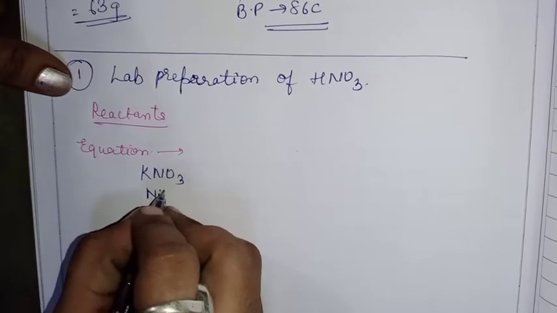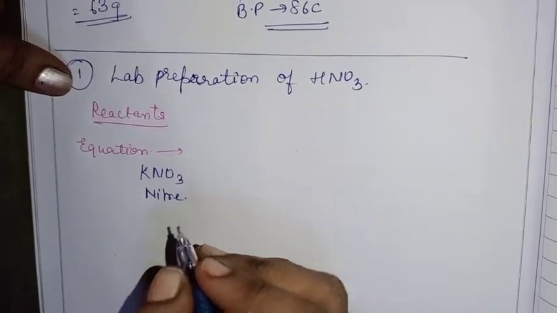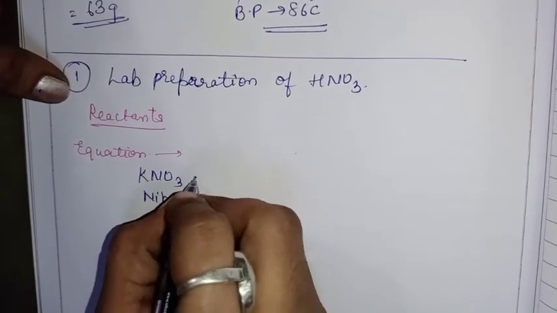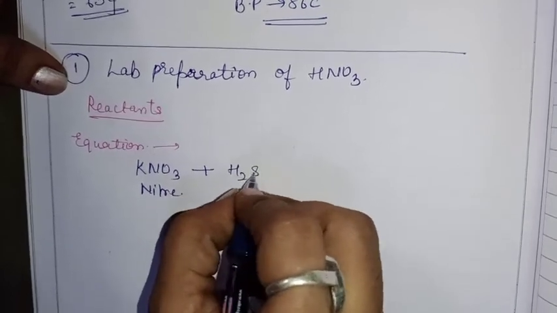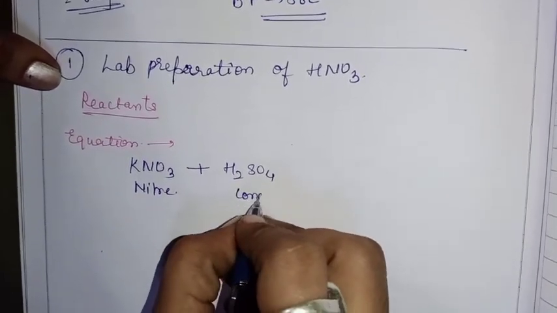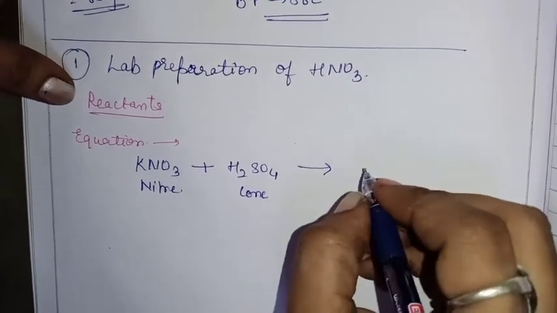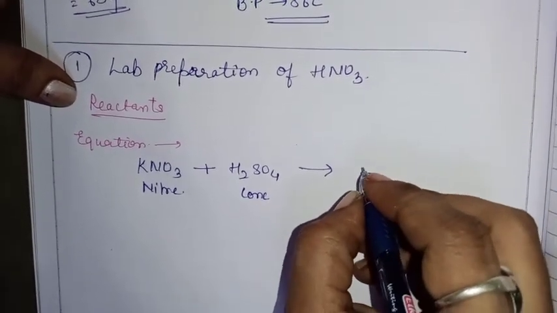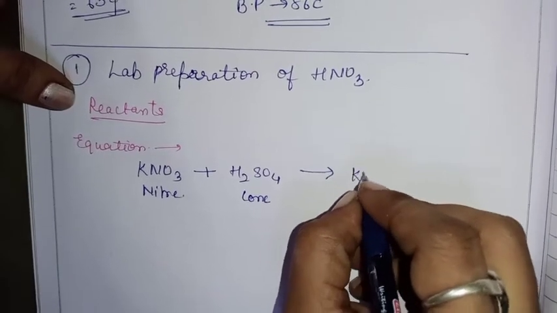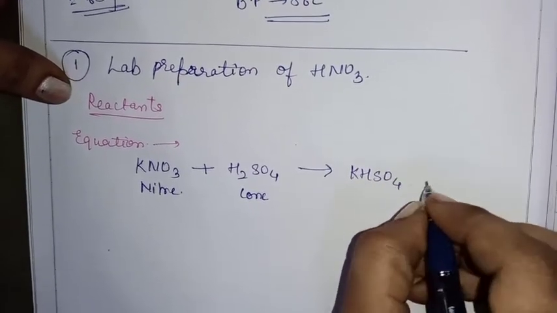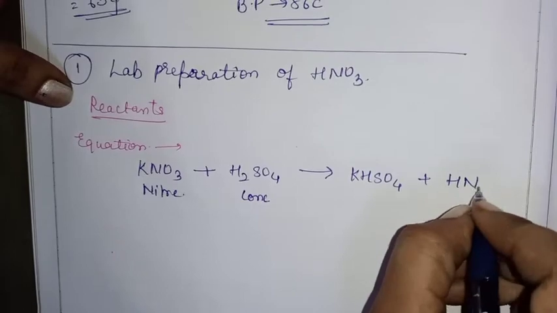Now this potassium nitrate will be treated with sulfuric acid. This sulfuric acid should be what? Concentrated, children. It will give us the acid salt, that is KHSO4 plus nitric acid HNO3.